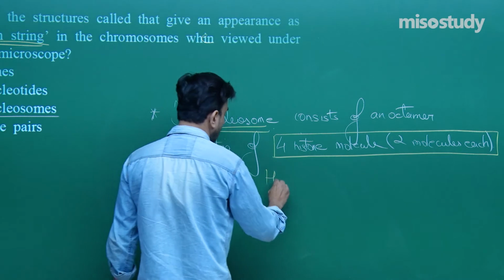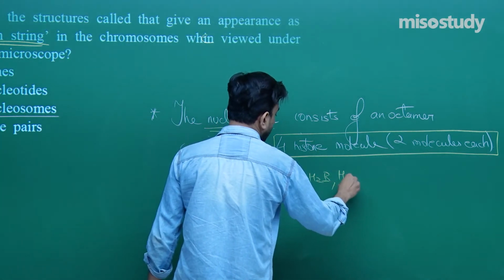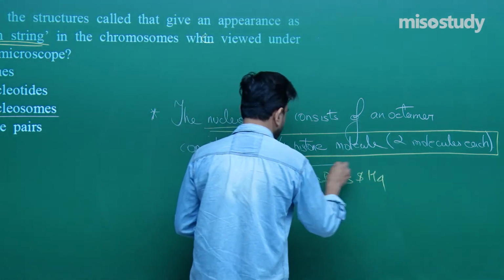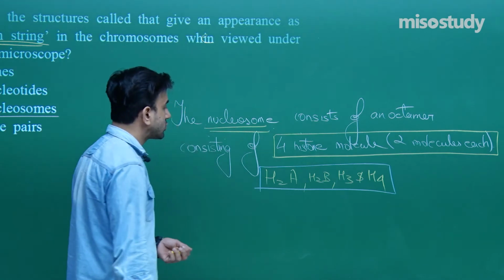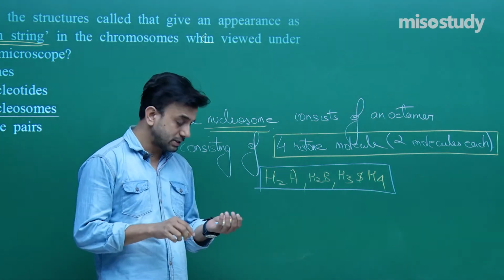That means H2A, H2B, H3 and H4. This is the octamer.